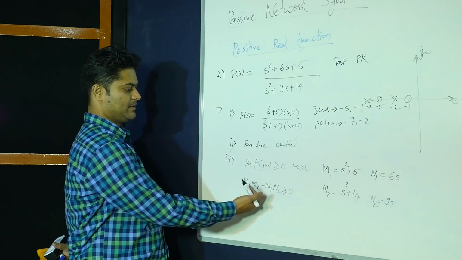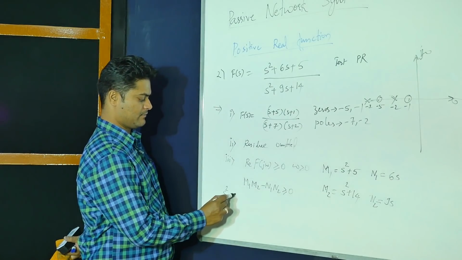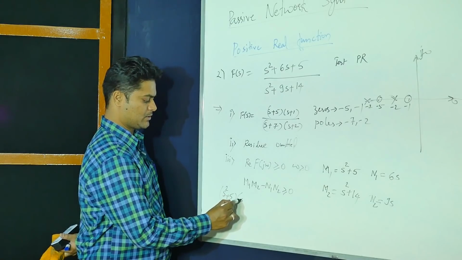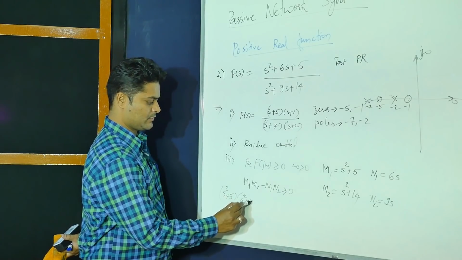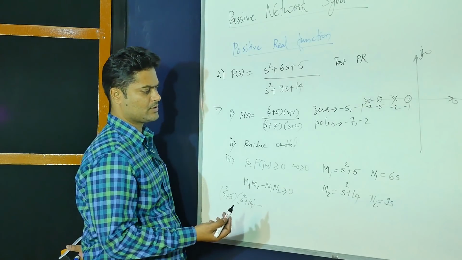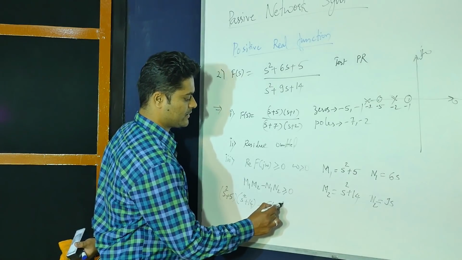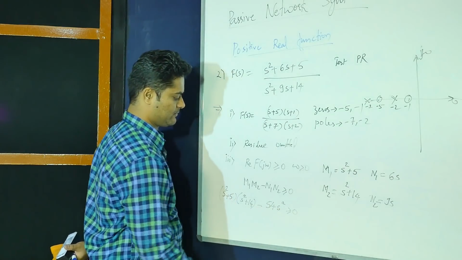So we just have to multiply in this way: s square plus 5 multiplied with s square plus 14, minus n1 n2, which is 6 into 9, that is 54 square, should be greater than or equal to 0.